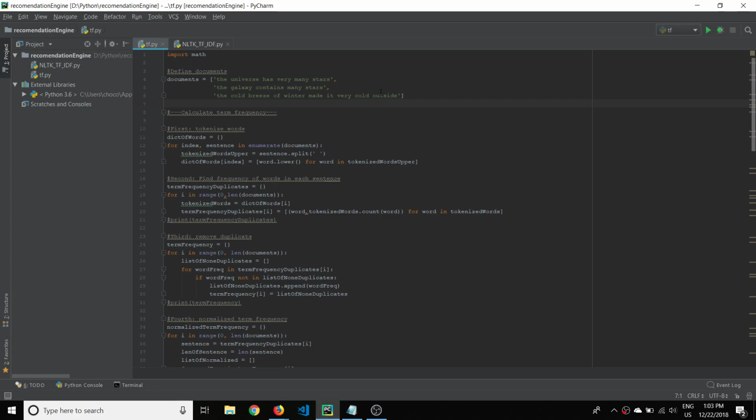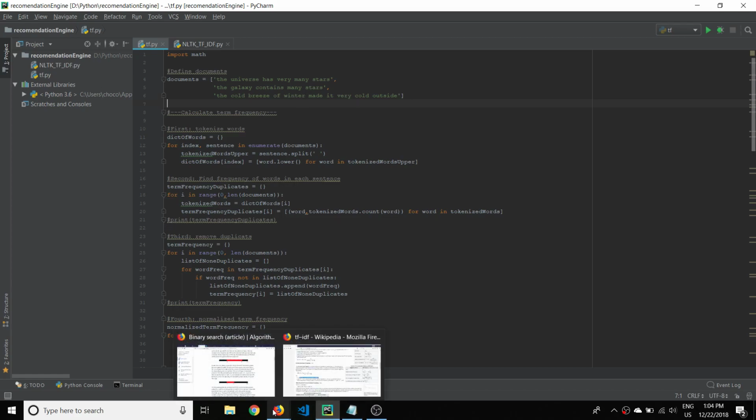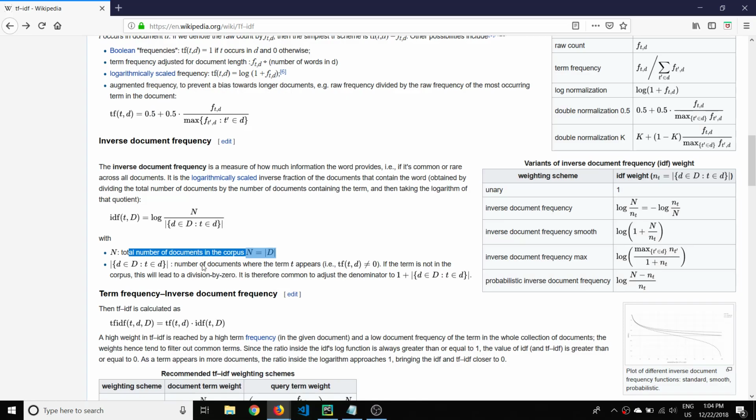But anyway, what I was trying to say before was, for inverse document frequency, if you have the word "the", it comes up in n, the number of documents, in this case 3 sentences, divided by the number of documents where the term t appears.